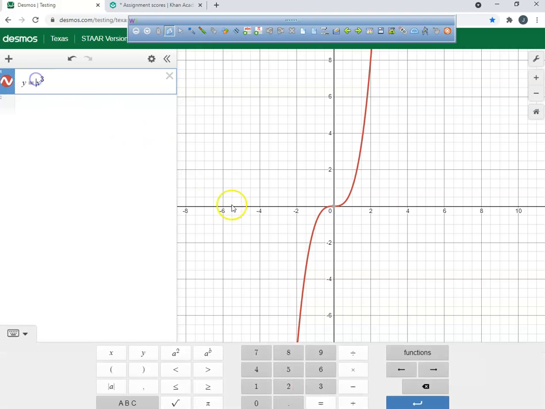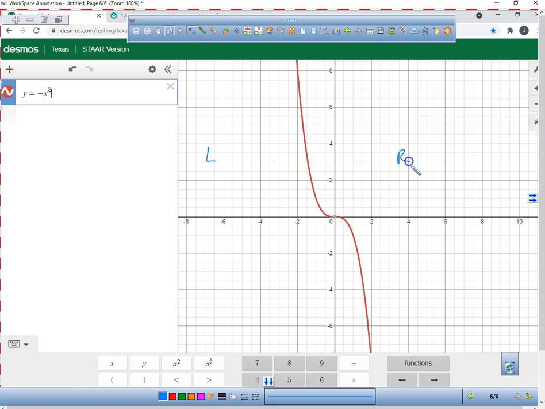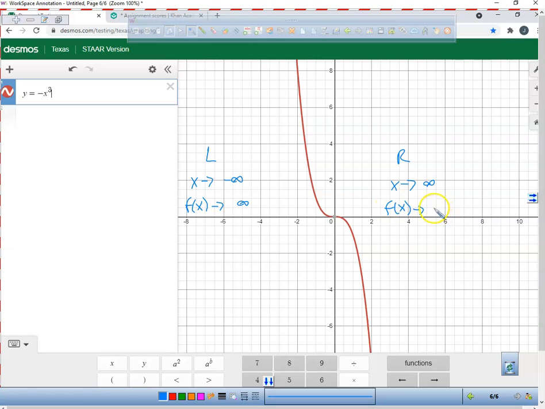But if I put a negative sign there, now left and right change. Where is x going on the left-hand side? Negative. But where are my y values traveling? Aha. x approaches positive infinity, f of x approaches negative infinity because it's going down from left to right.